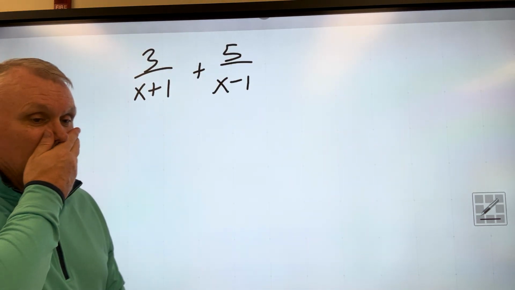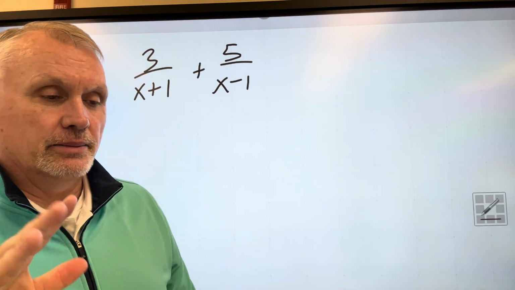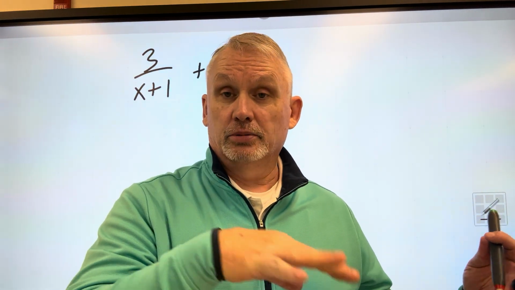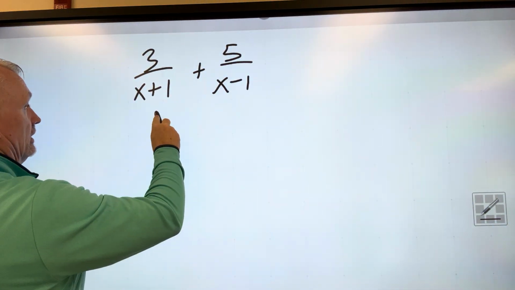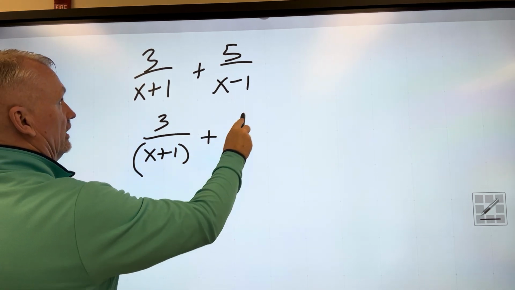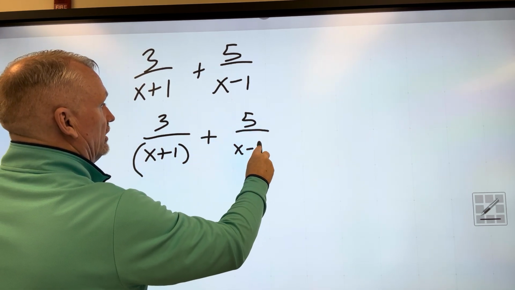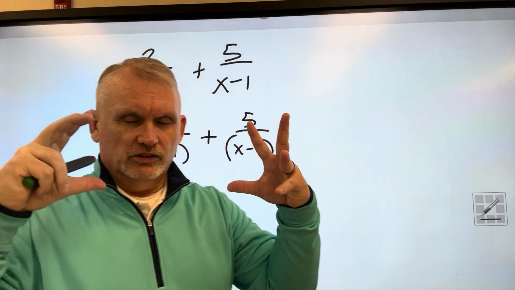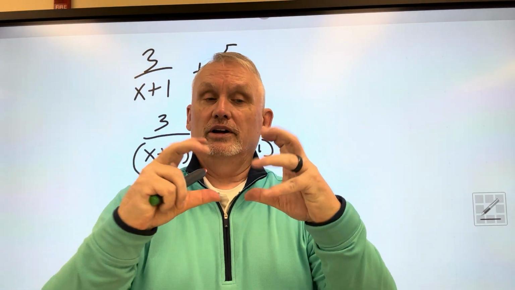Okay, so now let's do this one where we were talking about this one in the early example to find the LCD. Well, there's nothing really to factor because x plus 1 is already factored. There's nothing to factor here. The x minus 1 is already factored. Notice I put parentheses around it to tell me that I've already factored it.